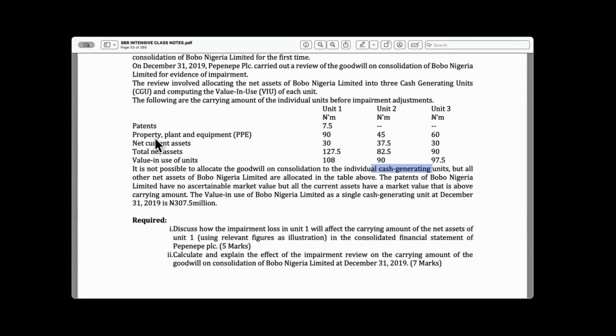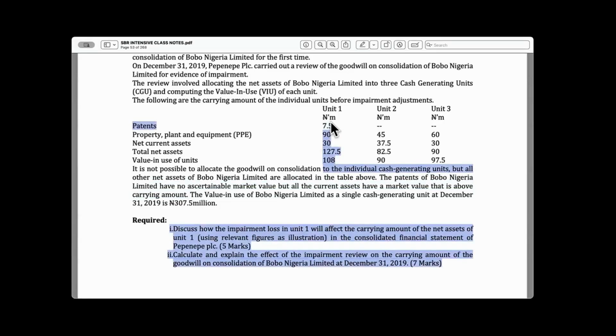They said the patents, which is this, have no ascertainable market value, but all the current assets have a market value that is above carrying amount. You see, this statement here already shows me how I'm going to determine my impairment loss. They said the patent has no ascertainable market value. That means this 7.5 has been fully impaired.